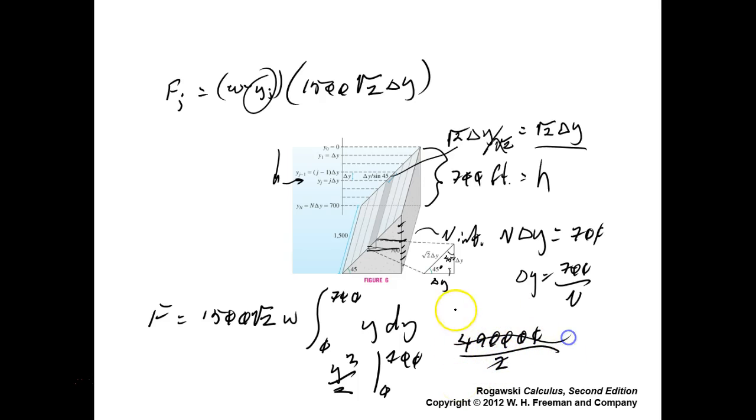So that would be 28,500. Okay. Times 1500 root 2 times 62.4 times 285,000.